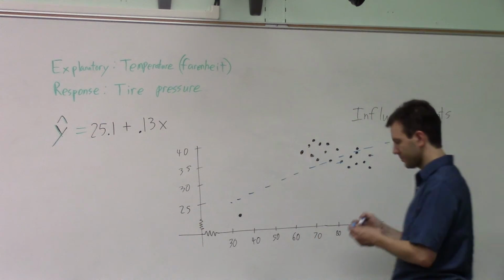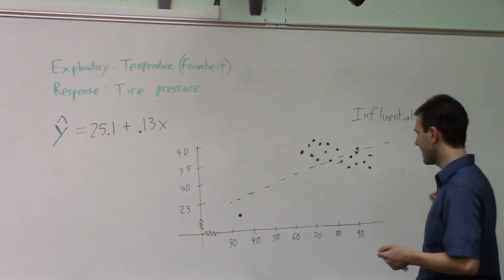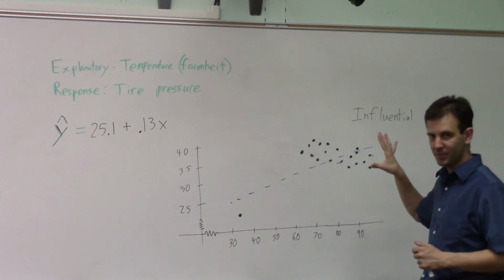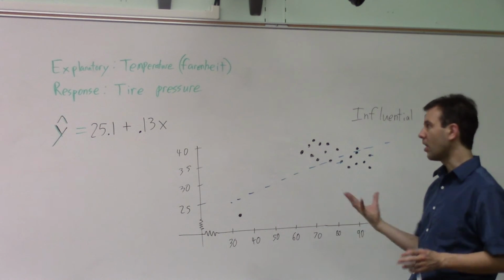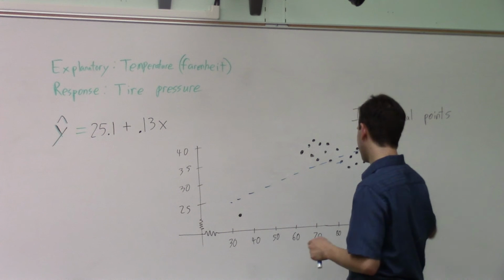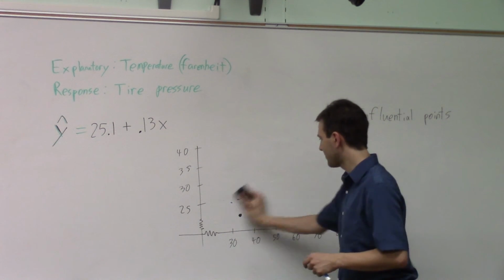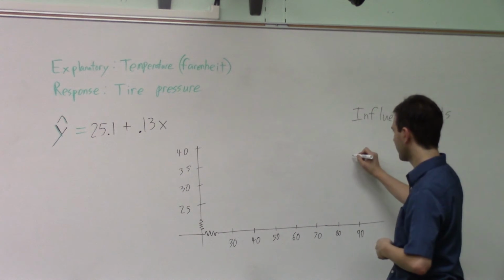Points that are far to the left or far to the right of the rest of the mass of points tend to have very large effects on the shape of the regression line, on its direction. I can illustrate this even better if I draw my points closer together, which I'll do for you now.